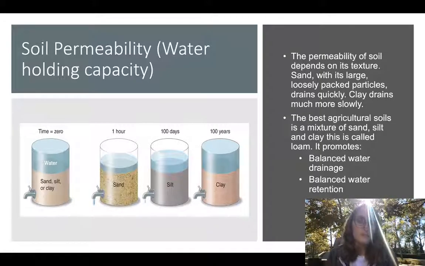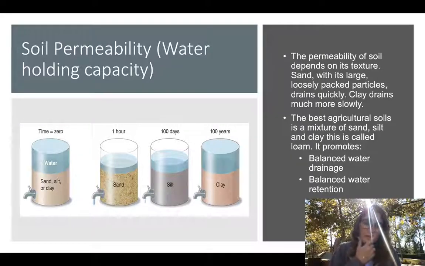So this is important. Water holding capacity is important because we care a lot about retaining water versus draining water. We want our soils to retain water because we know that living things absorb water through their root systems, and water is required for them to survive. However, we also don't want soils to retain too much water because then it's too soggy. You can get things like root rot or too much saturation, where the plant basically explodes because it's absorbed too much water.